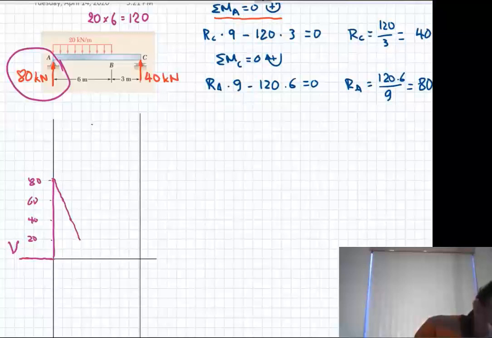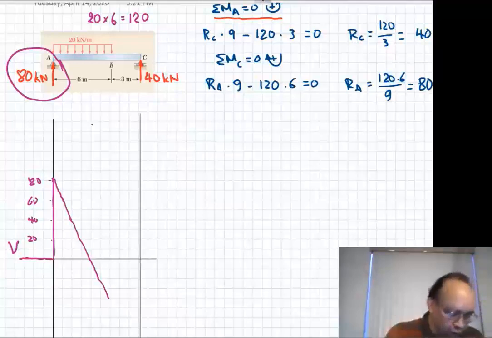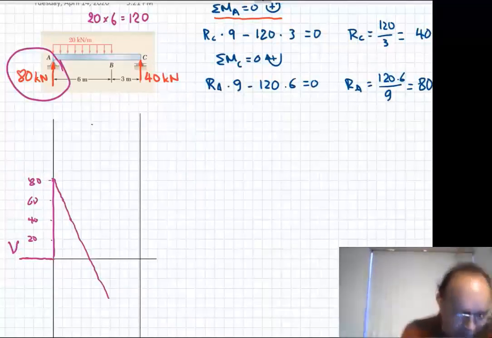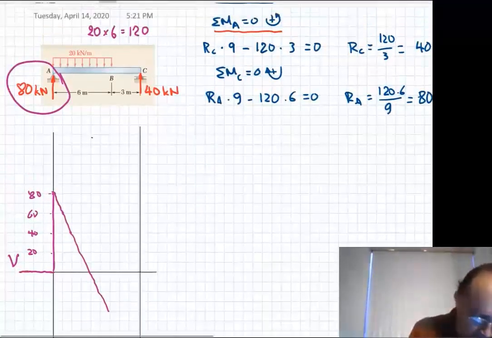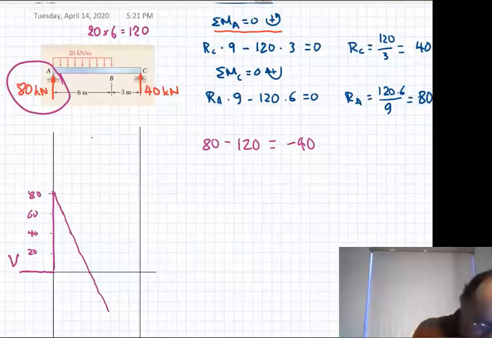Every meter you go down 20, up to here. In total you have to go down an amount of 120. If you start at 80 minus 120, you have to end up at minus 40.